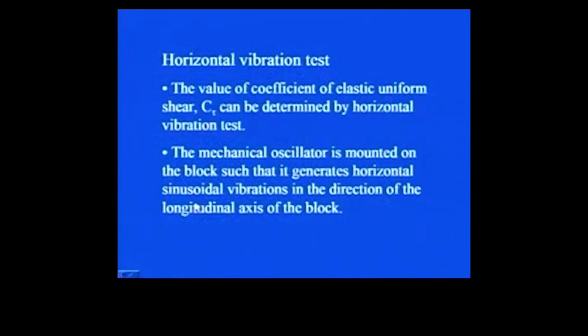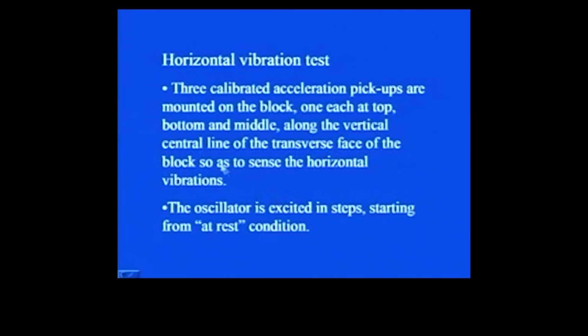However, in the case of this horizontal vibration test, the oscillation should be horizontal sinusoidal vibration, and that too in the direction of the longitudinal axis of the block. So we have to make sure while mounting this mechanical oscillator that it is mounted in such a manner that it generates only horizontal sinusoidal vibration along the longitudinal axis of the block.